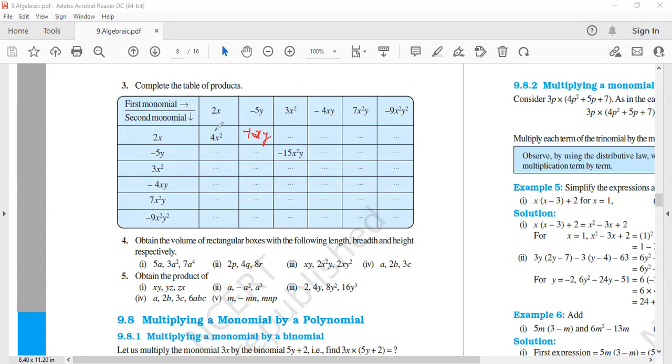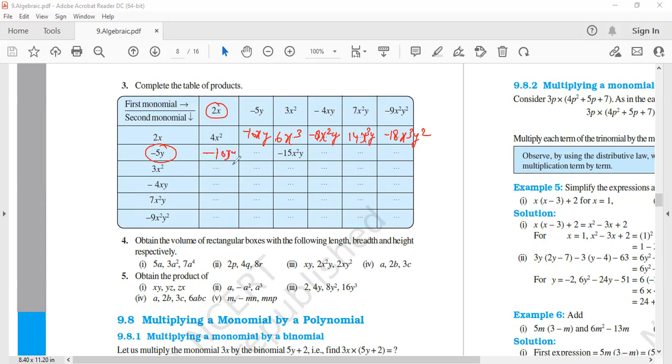Okay, so this is your minus 10xy. If 3x square is multiplied with this, that will give you 6x cube. Minus 4xy multiplied by 2x will give you minus 8x square y, and 7 twos are 14 x cube y, and 9 twos are 18 x cube y square.